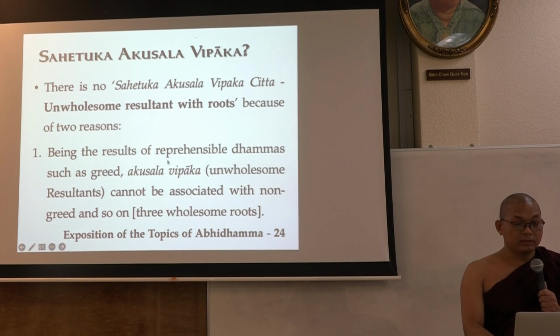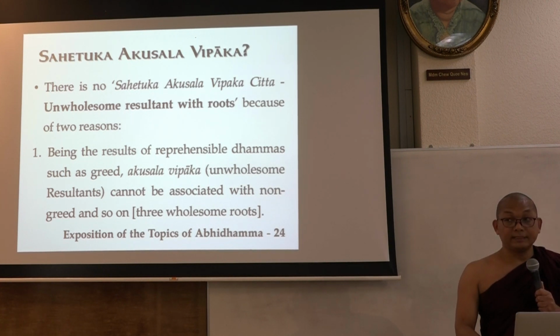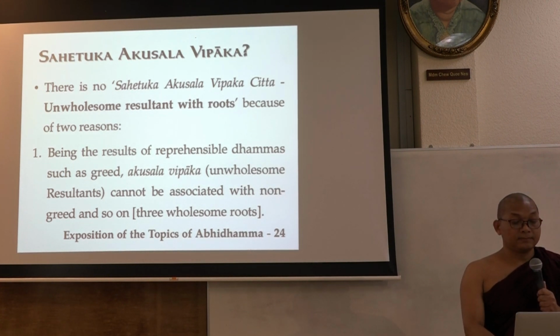being the result of reprehensible dhamma such as greed, anger, delusion. So that means the seven akusala vipaka citta arise because of lobha, dosa, moha, right? In other words, because of akusala karma, akusala citta, the twelve akusala cittas.